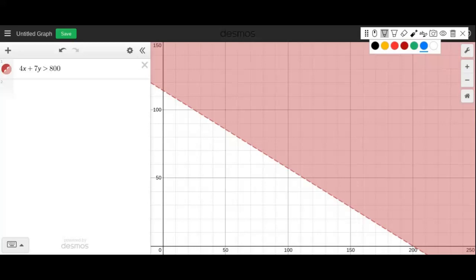Notice that Desmos knew the line here should be dashed because there's no equal to. And then it also did the shading. It took that step for us. But what it doesn't do is interpret the context. If you recall, the question was asking about selling candy and candles. Maybe I'll write those variables back over here: x was candy and y was candles.